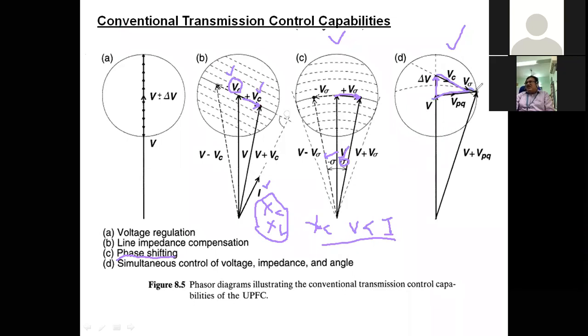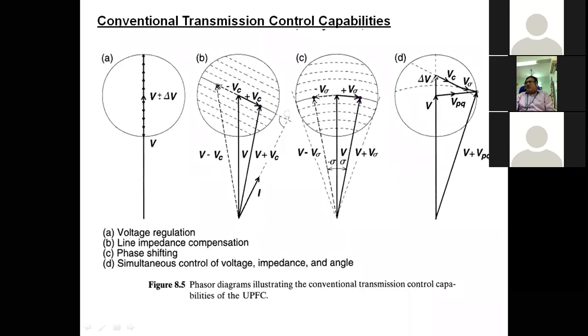By injecting a voltage here, this V phasor is changed to this one by adding V_pq. So you have all the possibilities: the voltage is changed, series compensation is possible, and phase shifting is also possible. All these three are possible with this FACTS controller, in particular the UPFC.